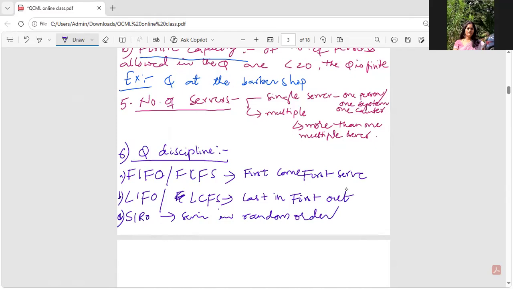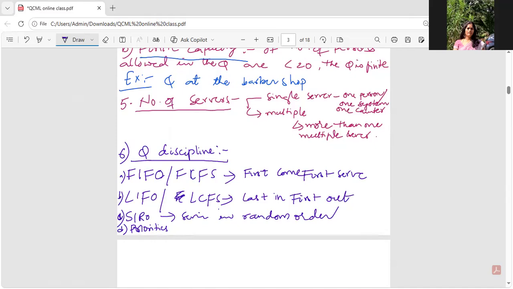Immaterial of the length of the queue, senior citizens and politicians are given priority. So there is also a discipline called priorities. Again, it's optional; if omitted, it's fine. Basically you need to discuss three queue disciplines: FIFO, LIFO, and SIRO. If you are asked to describe a queuing model, you will be discussing these three queue disciplines majorly.